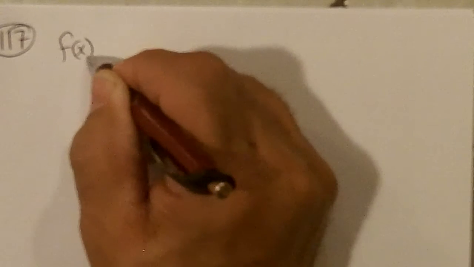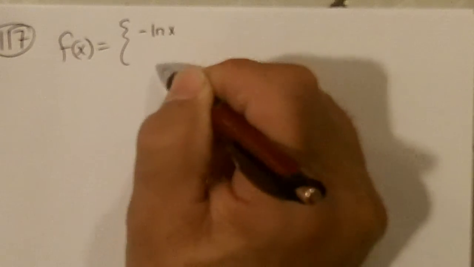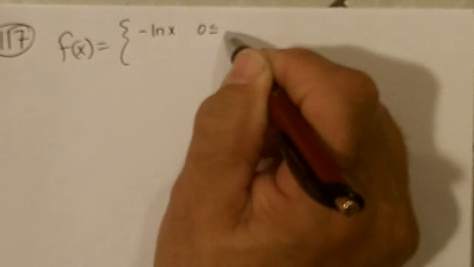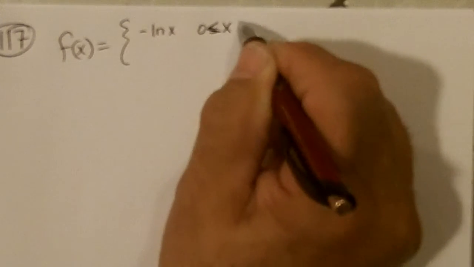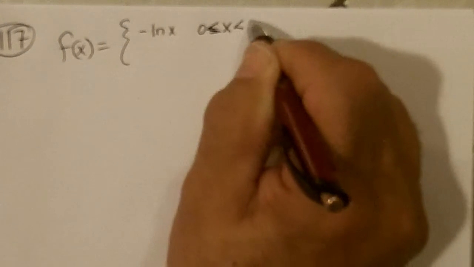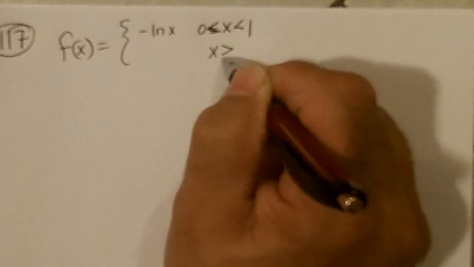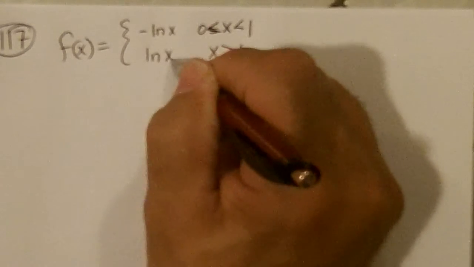F of x is negative ln x for 0 less than x less than 1. And when x is greater than or equal to 1, we want to draw ln x.